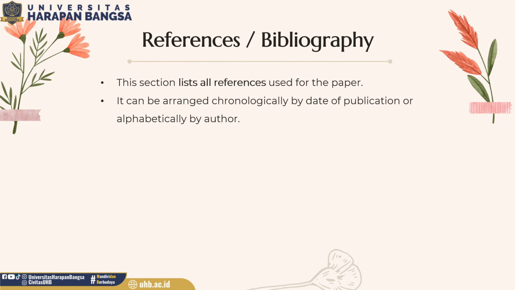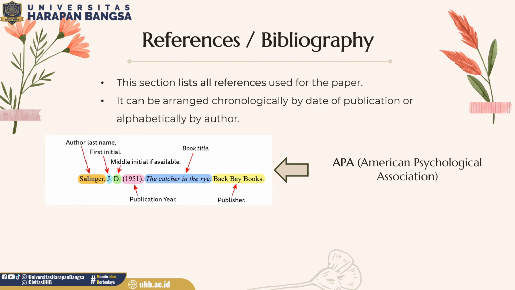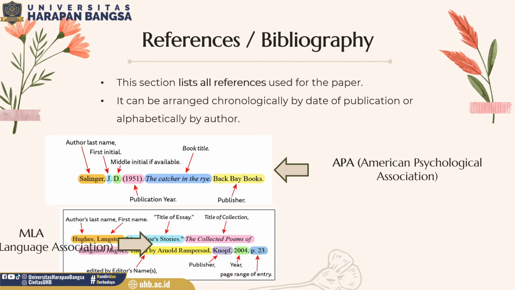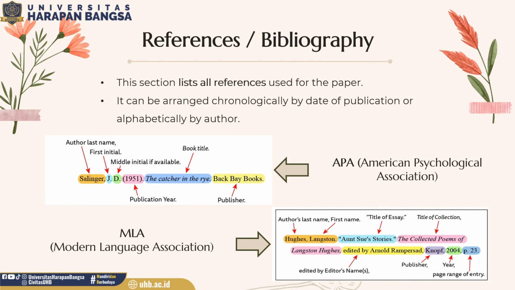Several formats are used, such as APA, MLA, AMA, and Chicago. And this is the example of APA style for the book title. You can see it by yourself. And the next is MLA, Modern Language Association, for the essay title.